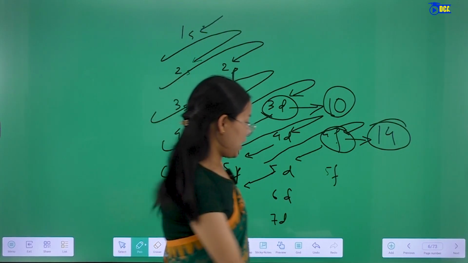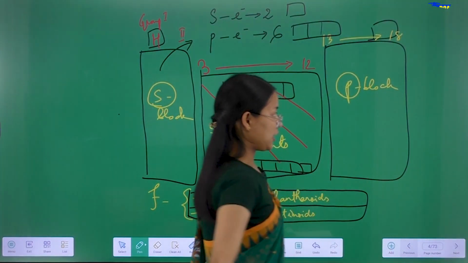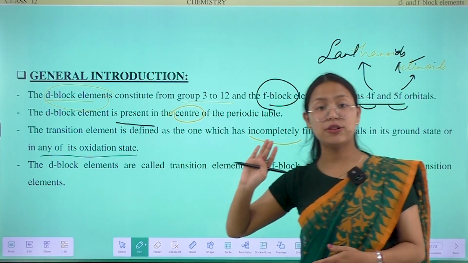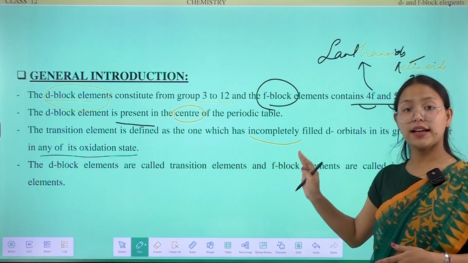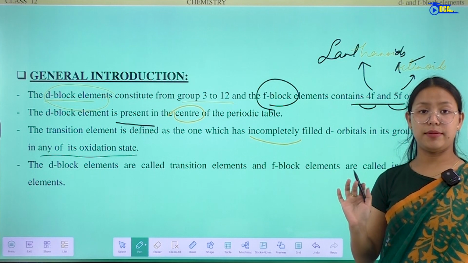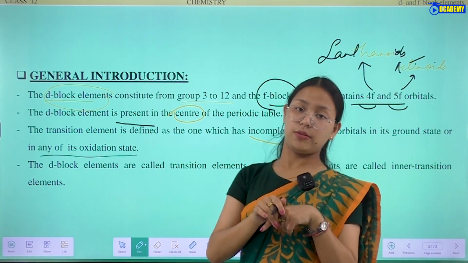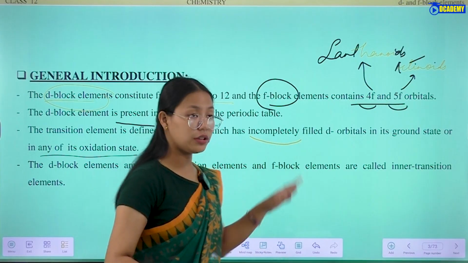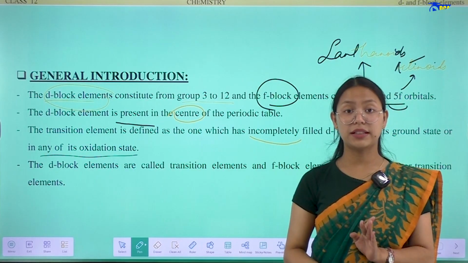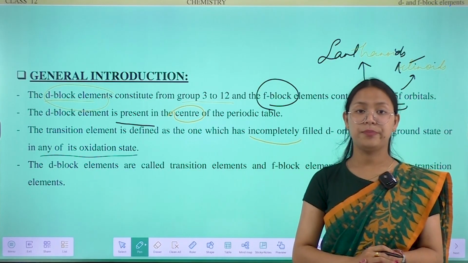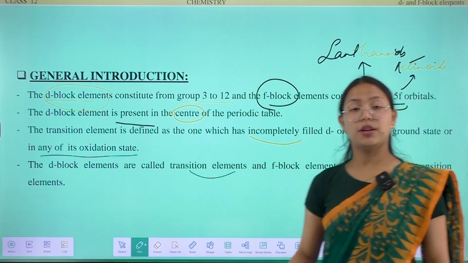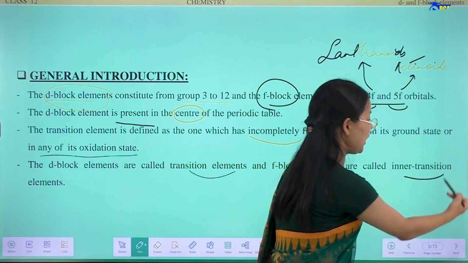Okay. Going back to the previous slide. So now transition elements are those in which the d orbital is incompletely filled. Then d block elements are called transition elements, and f block elements are called inner transition elements.